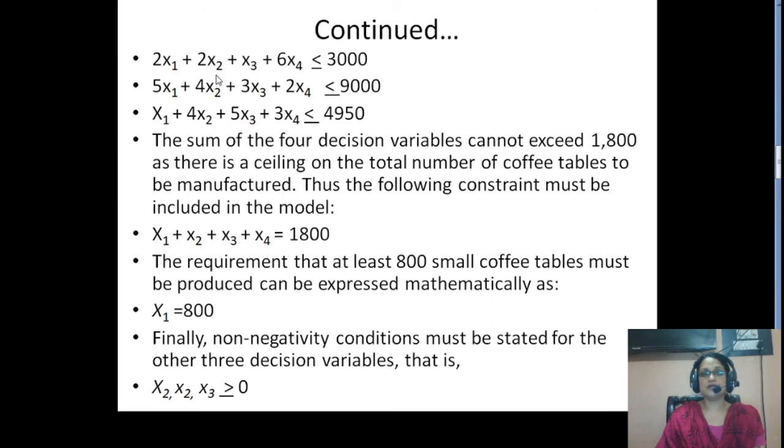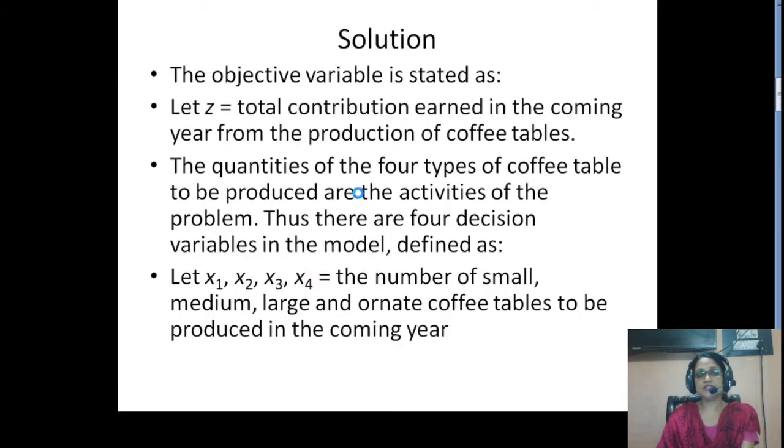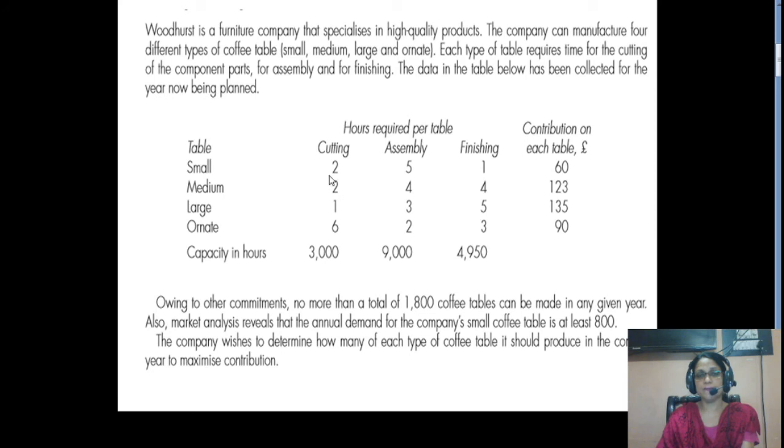So 2x1 plus 2x2 plus x3 plus 6x4 should not be more than 3000. So we will be using the less than or equal to inequality. Similarly, 5x1 plus 4x2 plus 3x3 plus 2x4 should be less than or equal to 9000. Then again x1 plus 4x2 plus 5x3 plus 3x4 will be less than or equal to 4950. See, this is what we have taken from here.